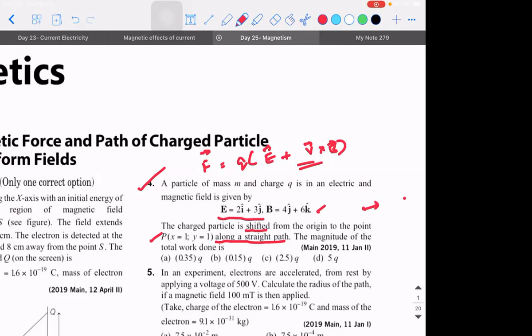Magnetic field is confined to yz plane. And the particle has been moved in which plane? It has been moved only in the xy plane. So what can I speak about the magnetic force? That is what I want to know.